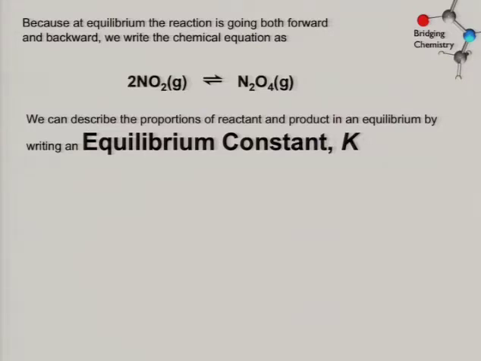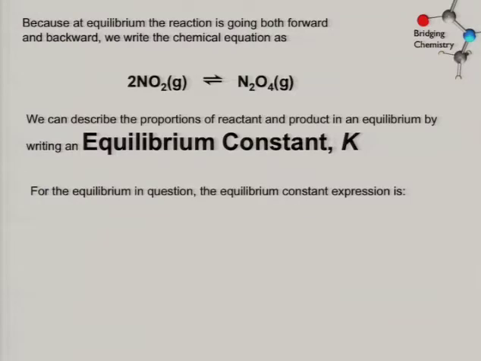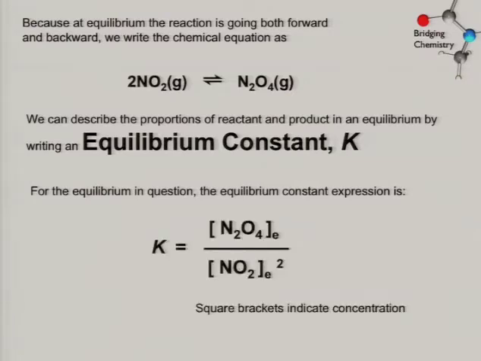Okay, so the equilibrium constant K. For our equilibrium that we're talking about, NO2 in equilibrium with N2O4, the equilibrium constant expression looks like this. Right? So the K, now as I'm going to emphasize endlessly on the next slide, the K is a number.